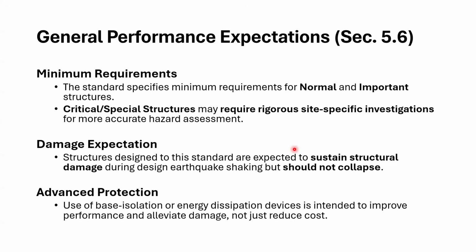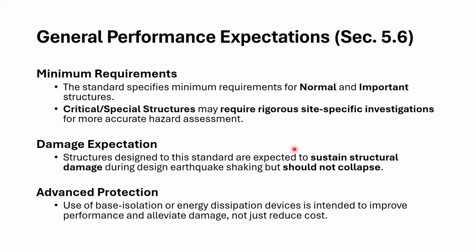So this code specifies the minimum requirements for normal and important structures. And then critical and special structures may require rigorous site-specific investigations for more accurate hazard assessments, right? Now this is based on categories of structure or classification: normal, important, critical, and special.